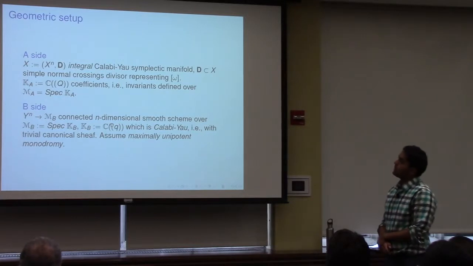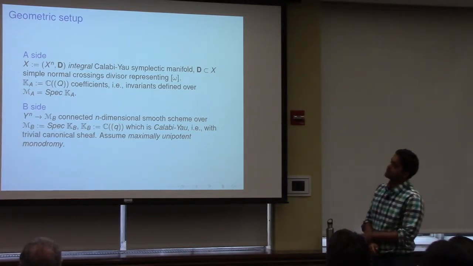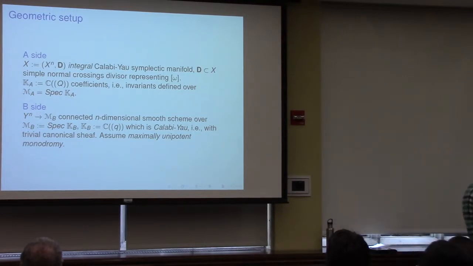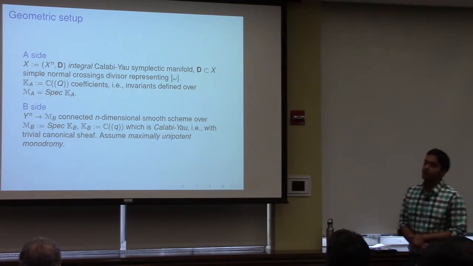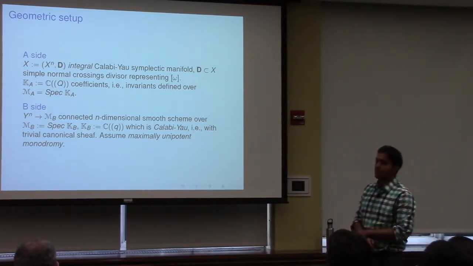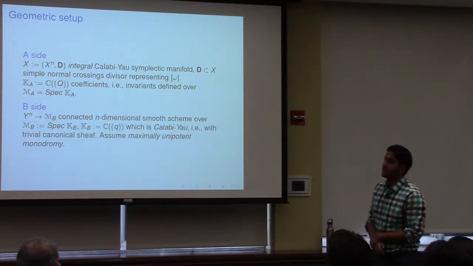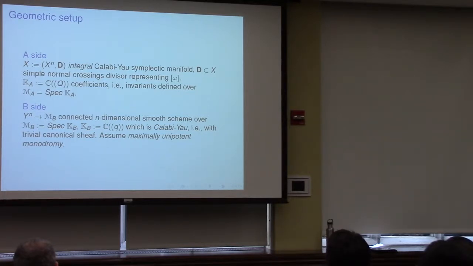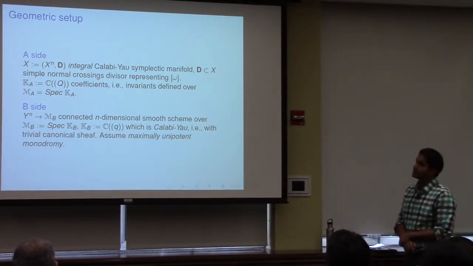Okay, and this is going to give us a set of coefficients, which I'm going to call K sub A. So in this talk, we're going to be much more concerned about what coefficients we're using and comparing coefficients. So K sub A is going to be some version of the Novikov ring, but in this integral case, we can really work with Laurent polynomials in a variable capital Q. Okay, so we could think of our resulting invariants as being defined over a suitable formal punctured disk.